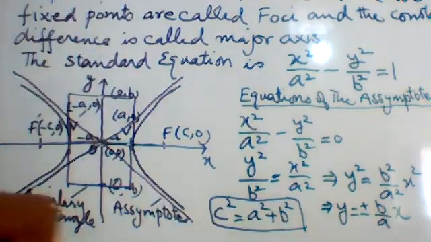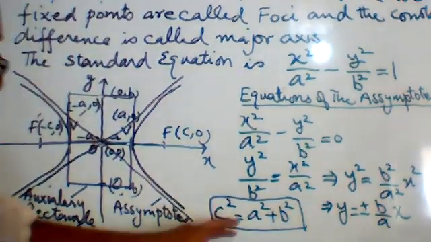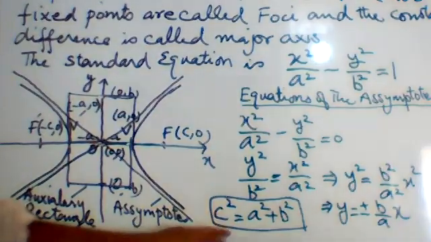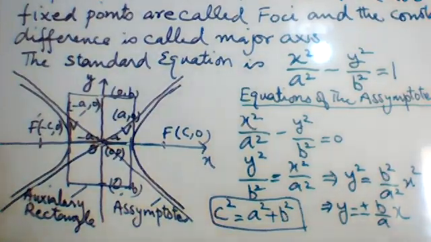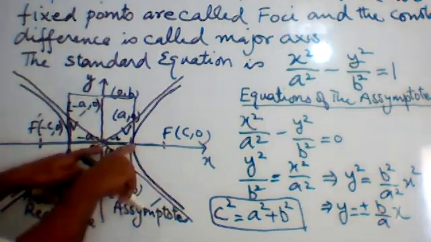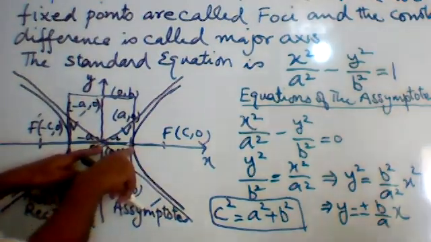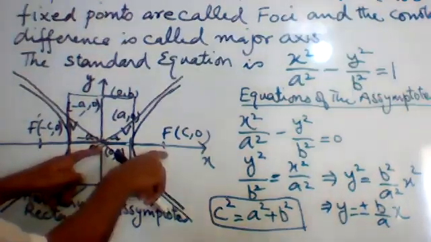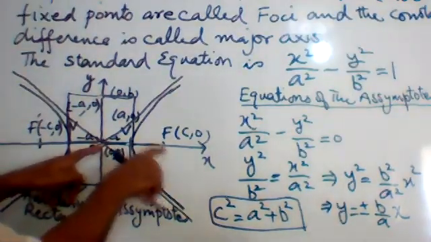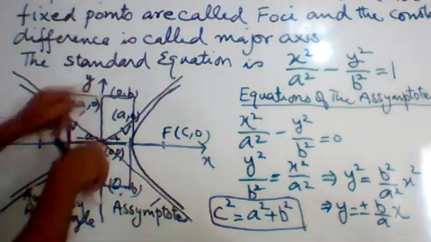In the ellipse, the relation between c, a and b was c square is equal to a square minus b square. But here it is c square is equal to a square plus b square. Here c square is larger than a square. Therefore, c square is the largest one.